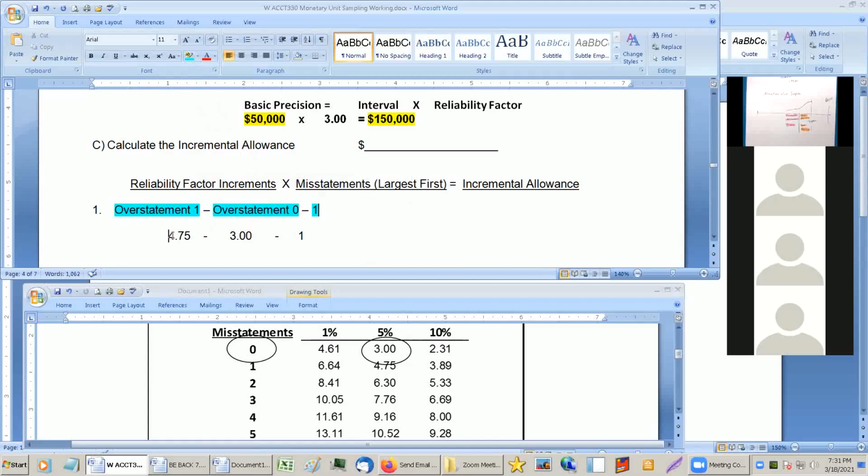The one in this formula, I'm assuming, is for degrees of freedom, most likely. That equals 1.75. So this is our first reliability factor increment.